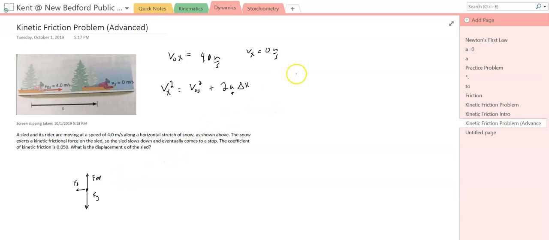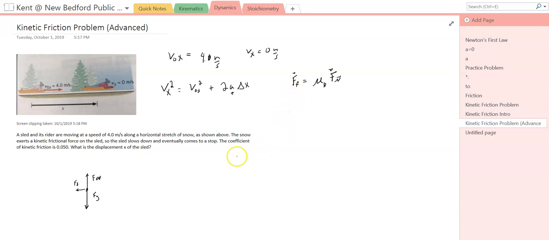We know that the friction force is equal to some coefficient of kinetic friction, mu k, times the normal force, right? And we know that we can get the normal force because it's not moving up and down in the y direction.